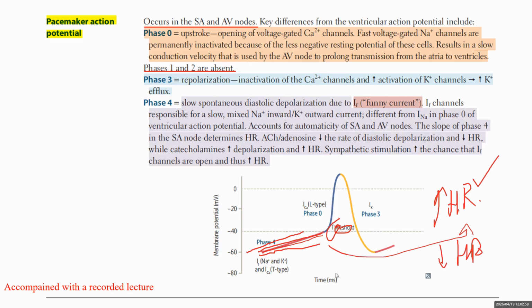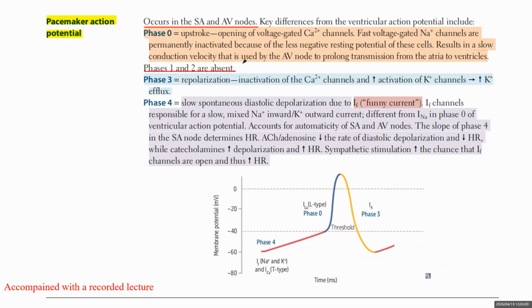Now, let's discuss phase 0. Once we reach this threshold, phase 0 begins. What happens in phase 0? Phase 0 in the pacemaker cell is different from phase 0 in the ventricular muscle cells, which we discussed previously. In ventricular muscle, we learned that phase 0 is caused by the rapid opening of the fast sodium channels.